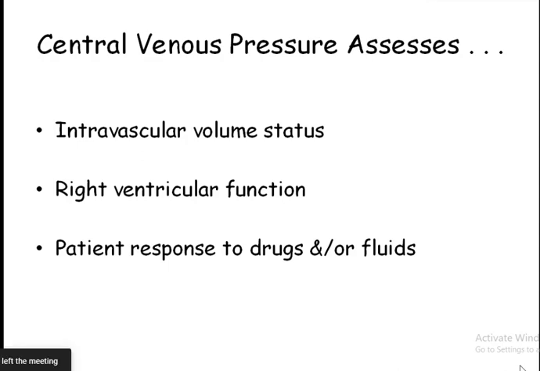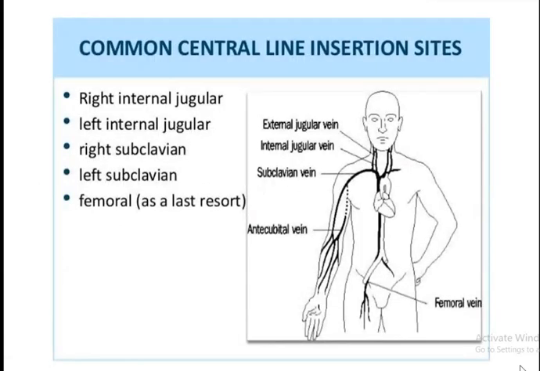It will also assess the right ventricular function, whether the pumping is accurate or not, and whether the patient responds to the drugs or the fluid. The most important thing is we measure the intravascular volume status.